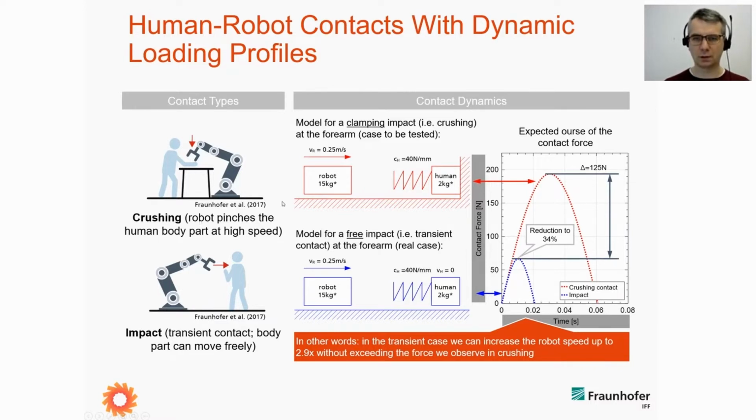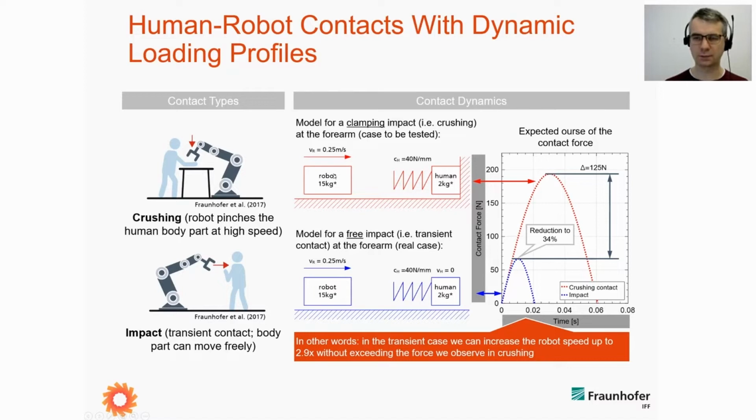In the middle of the slide is a very simplified model for these kinds of contacts. Crushing means we have the robot which is moving with its mass against the body part which is affixed by an obstacle.